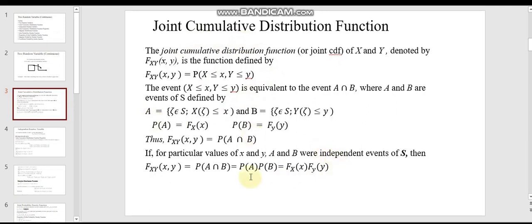If these properties are fulfilled, then we can say the function is a joint cumulative distribution function.